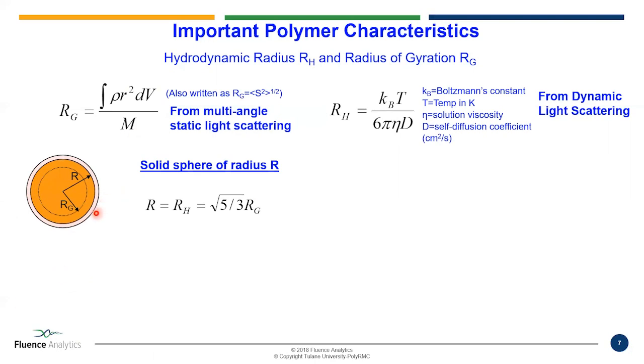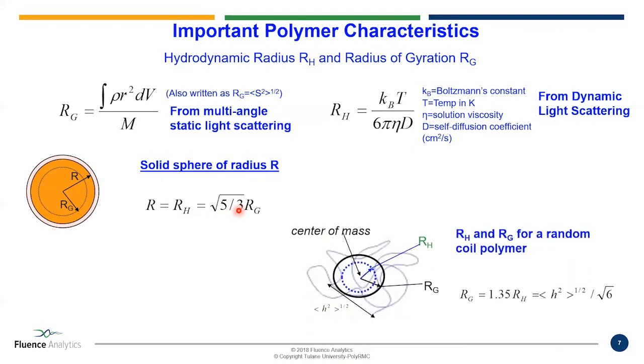If you take the case of a sphere, what you'll measure with the dynamic light scattering is pretty much the outer radius as it moves through the liquid. So that's the RH, which is equivalent pretty much to its own radius. But RG, you can see it's smaller because you have to integrate all the mass, which is not just at the center, it's all throughout the body. If it's uniform, then that's the relationship. A very clear relationship, so you can interchange between the results from multi-angle light scattering and dynamic light scattering.